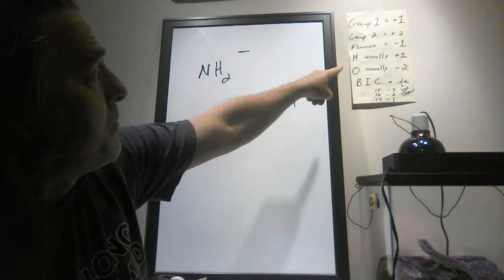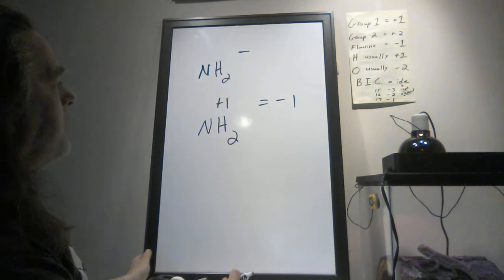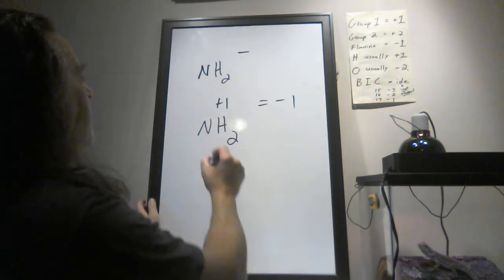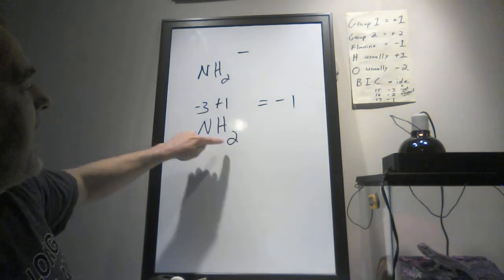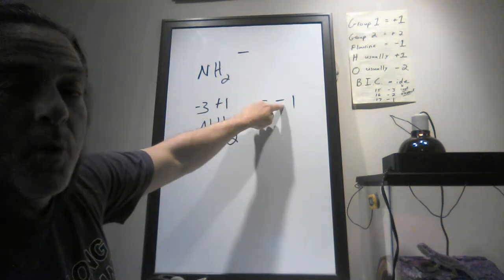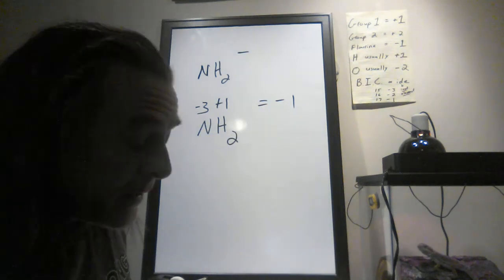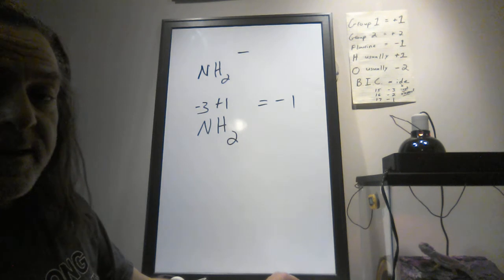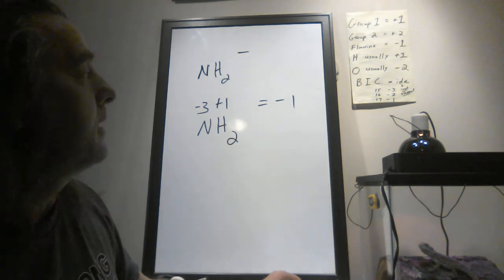So we're going to use our same rules. H is going to be +1. But there are two H's, and overall it has to be negative. So the N actually still is -3. -3 and two positive 1s is -1 overall. Now, why did I do that with you? Because I want to discuss this last one. Let's let you look at that for a second and I'll erase it. Or you can pause and look at it as long as you like.